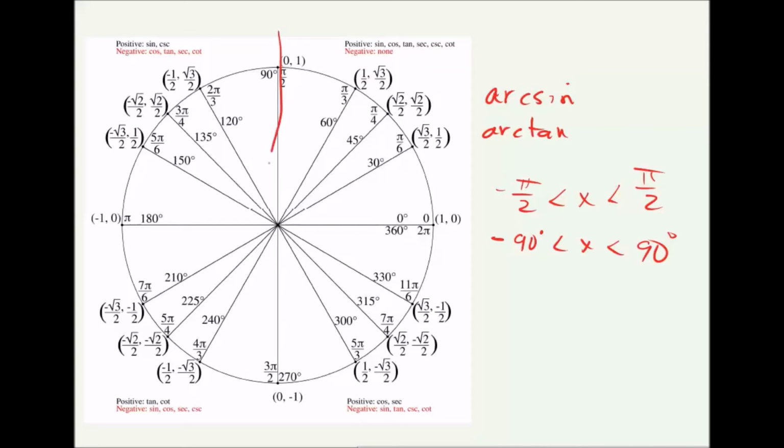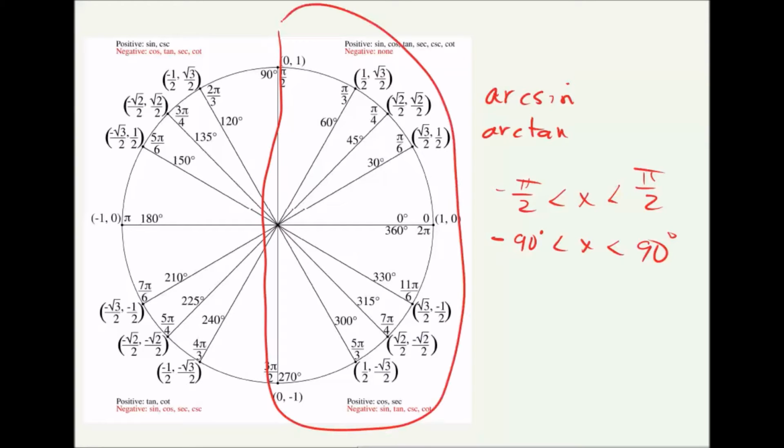So you're looking for that angle on this side of the unit circle if you're trying to find arcsine or arctan. If you're looking for arccos, or cosine^-1, you're going to be looking between 0 and pi.